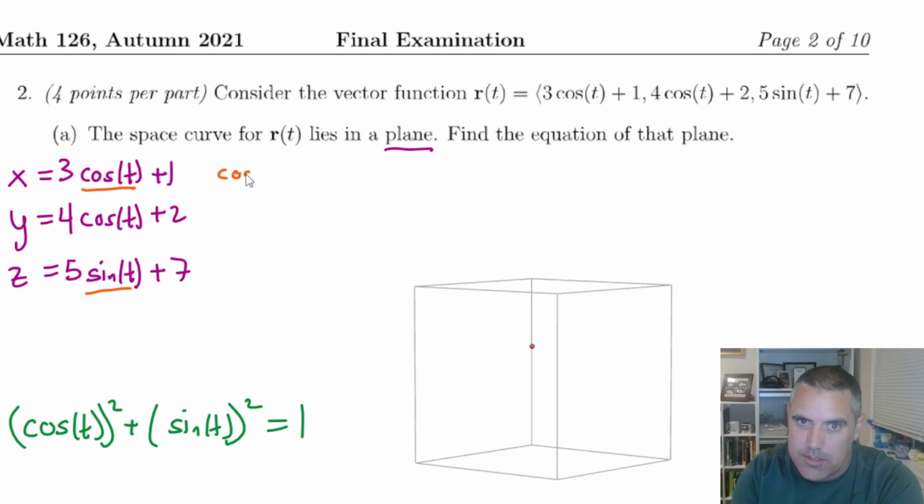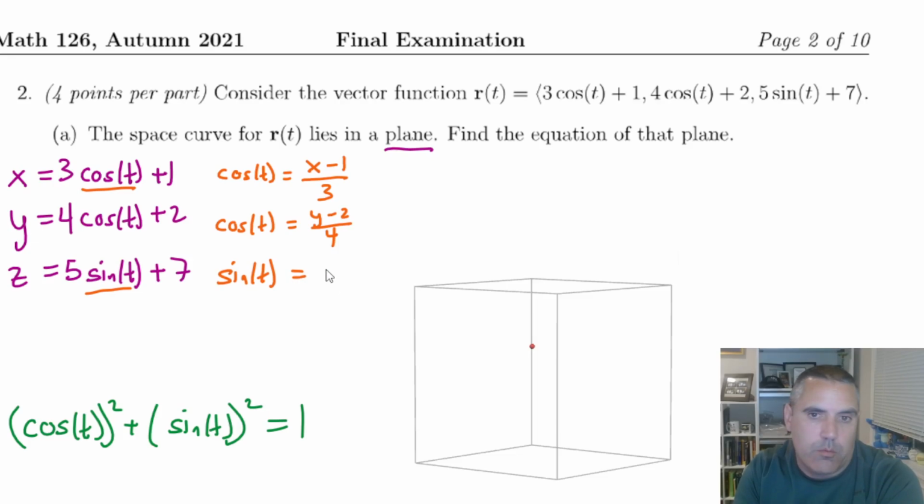This cosine is equal to x minus 1 over 3. This cosine is equal to y minus 2 over 4. And this sine is equal to z minus 7 over 5. This isn't the way to answer the question, but I'm answering a student question first.